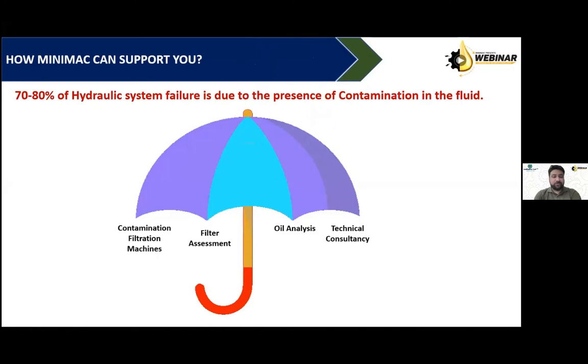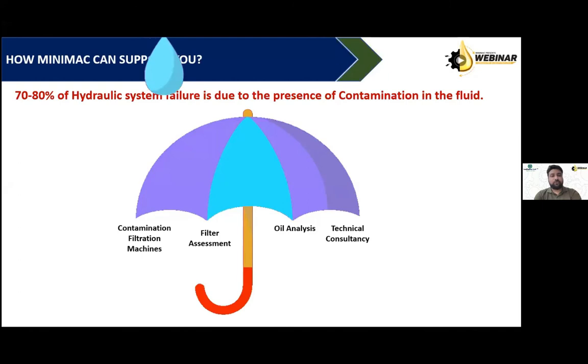Second, you need to have an assessment of your installed filters. Many times we depend upon the choice of the OEM of our hydraulic system. But it's very important to understand that the OEMs of hydraulic systems are governed by multiple strategies before they make a technical selection for filters. And there are limitations on a particular hydraulic system where you cannot go for highly efficient filter arrangements.